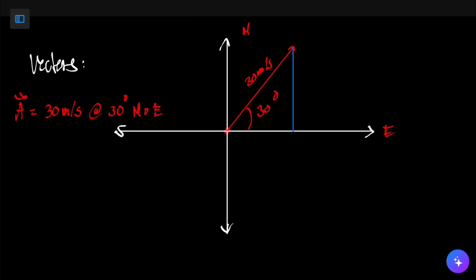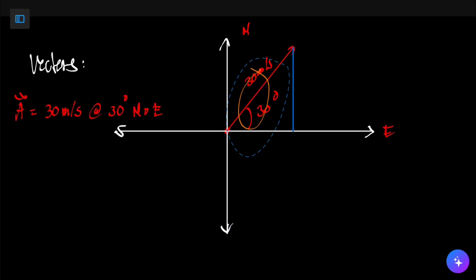So first thing that you need to do is to draw a vertical line spanning from the tip of that vector towards the x-axis. Why are we doing this? Because that vertical line corresponds to the height that the projectile is reaching.